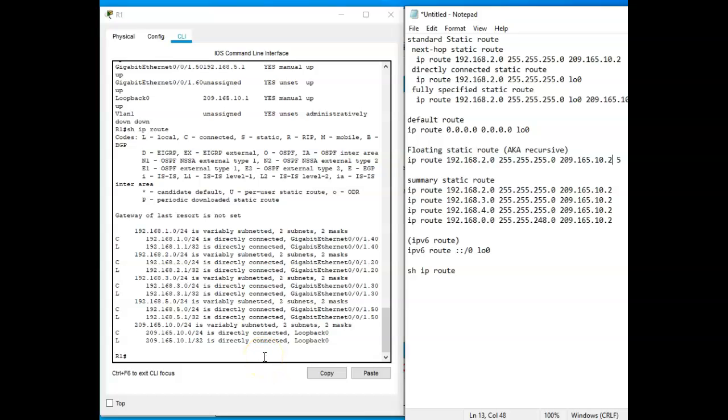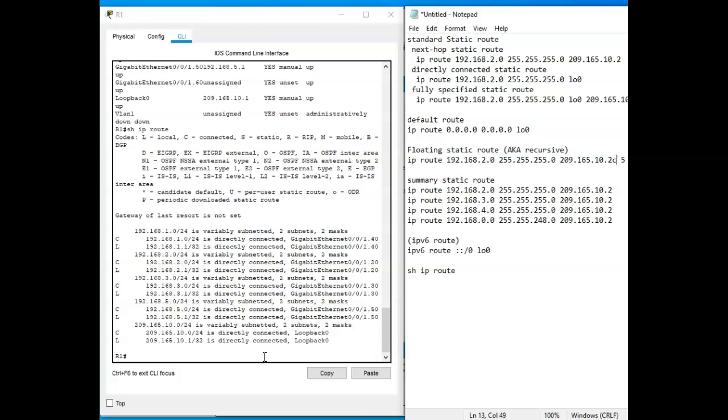That's not our router at all. The ISP gave it to us. So we're using either the loopback or 209.165.10.2 for our static routes. Loopback is directly connected. 209.165.10.2 is our next hop IP address. We're never going to use our own router's IP address when we use the next hop IP.